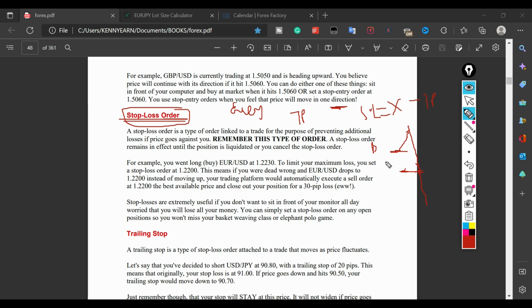So you don't want to blow your account, you don't want to risk it, because you can't be sitting on your computer watching if the market is going against you. So to be safe, you put your stop loss and then you can take your eyes away from the chart. Forex is not a 24 hour thing where you sit on your computer and watch the market.